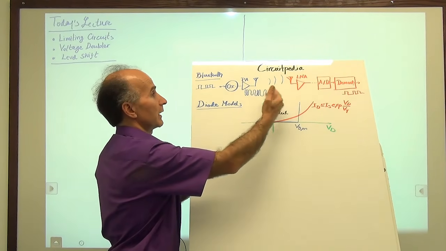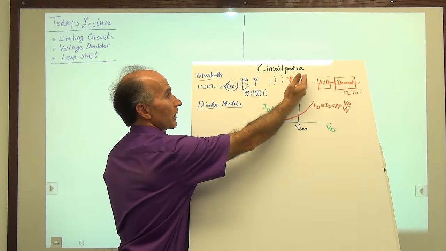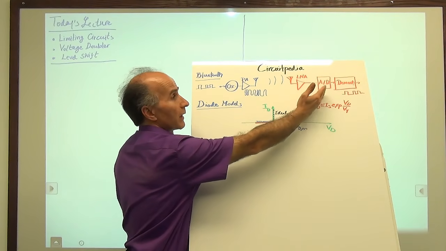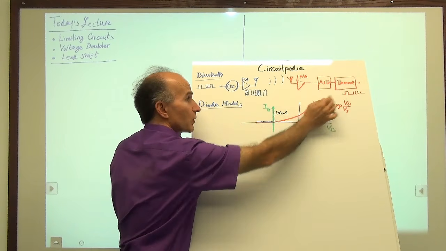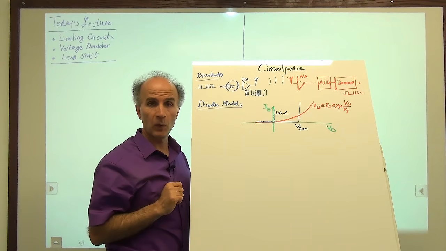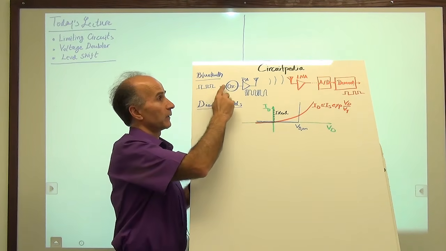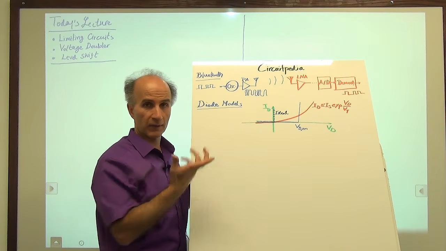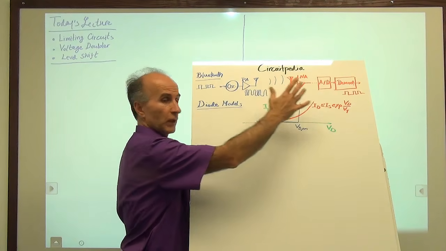And on the receive side, we receive the data, go through a low noise amplifier, then some sort of processing, and eventually we retrieve the ones and zeros that we had sent out here. For example, from a laptop to a printer.